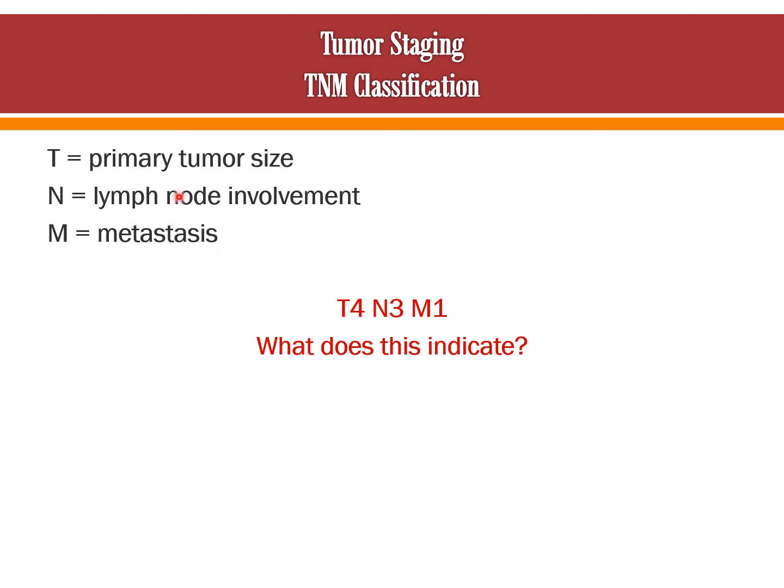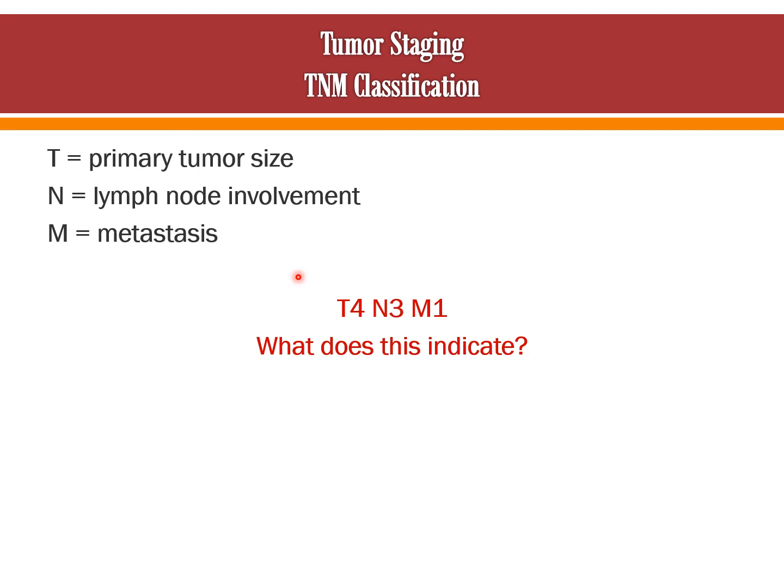Under lymph node involvement, you can either be NX, N0, N1, N2, or N3. So NX, anytime you see X once again, they cannot assess whether or not there's regional lymph node involvement, right? NX would be regional lymph nodes cannot be assessed. N0 would be no regional lymph node metastases. So you want N0, right?